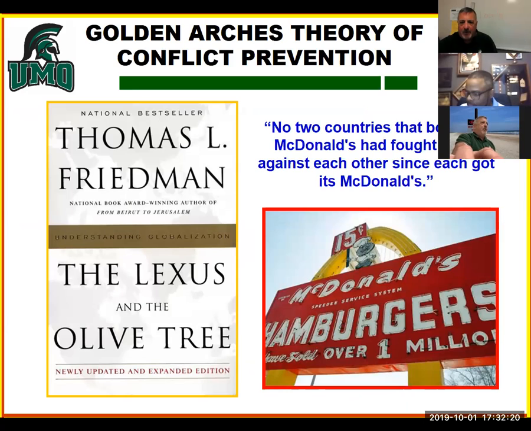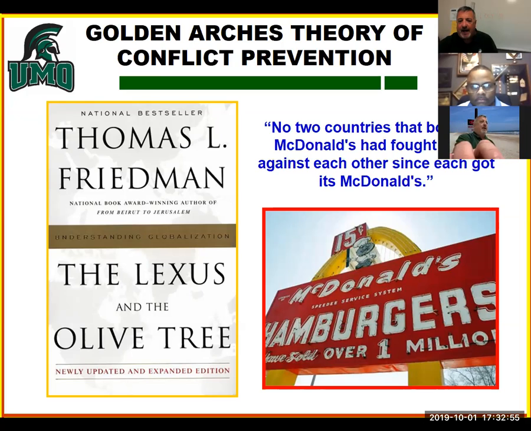Anthony, you ever heard of the Golden Arches theory of conflict prevention? Yes. Okay, so this is what I love to show my students, because Thomas Friedman, who is a remarkable author, certainly one worth your while to read, in his book The Lexus and the Olive Tree, gives you the Golden Arches theory of conflict prevention, which says that no two countries that both had a McDonald's franchise in each country have fought a war against each other since it got its McDonald's.